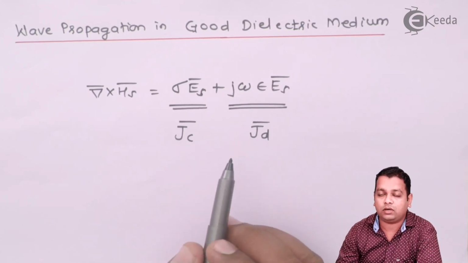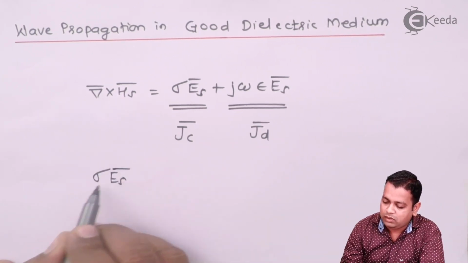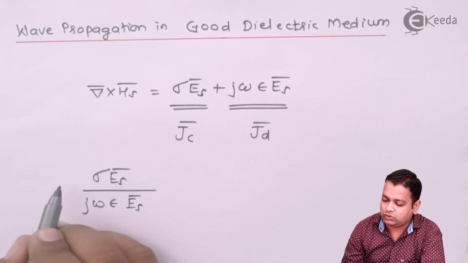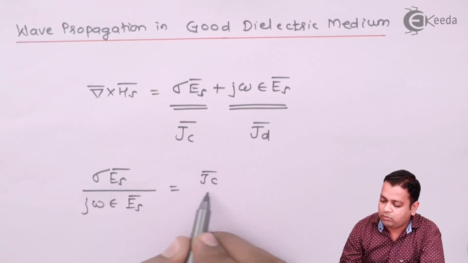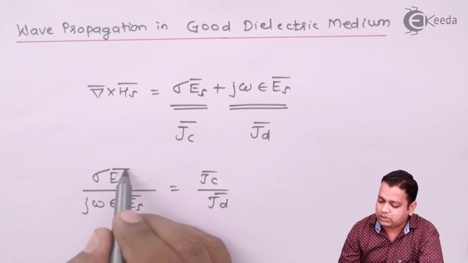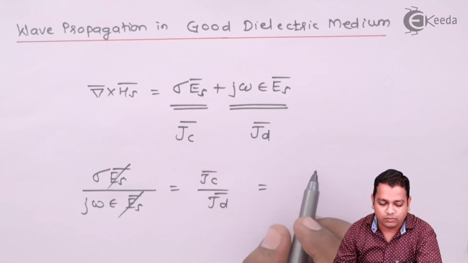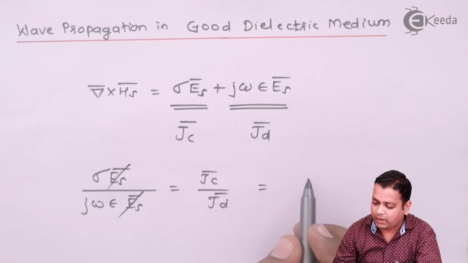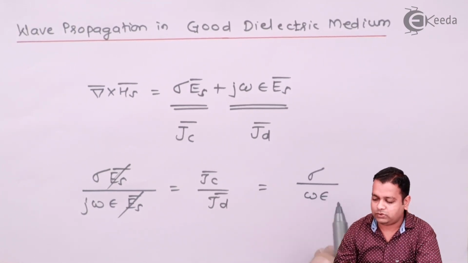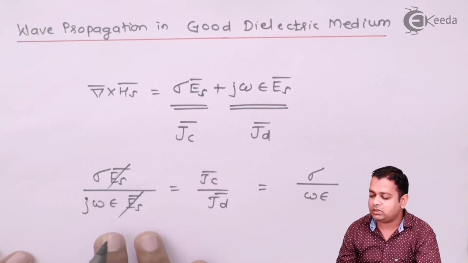Now if we take the ratio here, we shall be writing sigma E s bar divided by j omega epsilon E s bar. So this ratio is actually J C bar by J D bar, or only magnitudes if we say. These E s bar shall get cancelled, and simply J C by J D we shall be left with, for magnitudes, it will be simply sigma upon omega epsilon. j also we have to neglect, as it is a representation of the imaginary portion only.